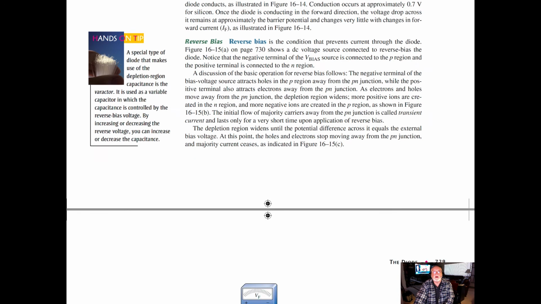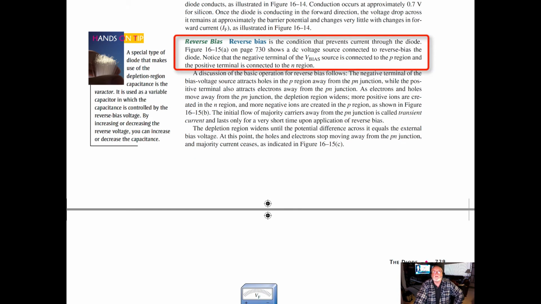For reverse bias, the condition that prevents current flow through the diode, if we look in your text on page 730, it shows a DC voltage source connected to reverse bias the diode. Notice that the negative terminal of the V bias source is connected to the P region and the positive terminal is connected to the N region.